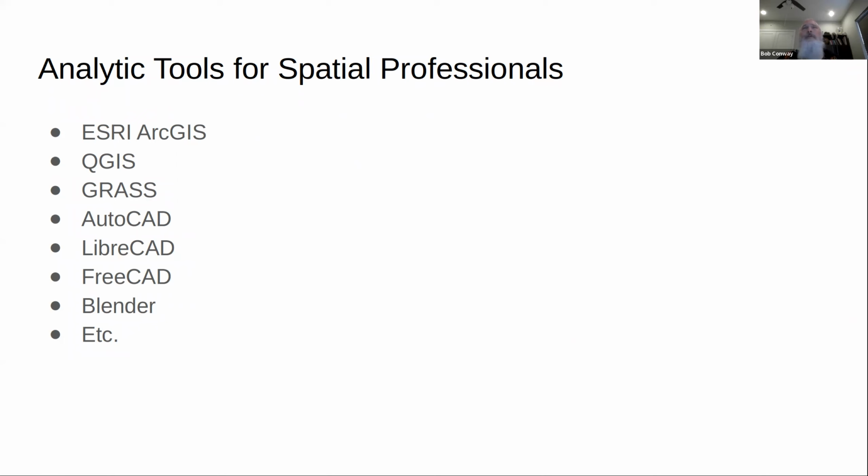There are some less popular yet powerful open source alternatives to ArcGIS, such as QGIS and GRASS. For CAD practitioners, the most popular tool is the commercial AutoCAD suite by Autodesk, which also includes some building information modeling and related applications. And as with the GIS tools, there are some open source alternatives such as LibreCAD and FreeCAD.